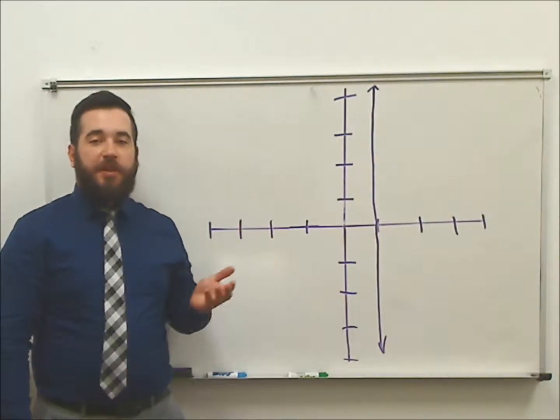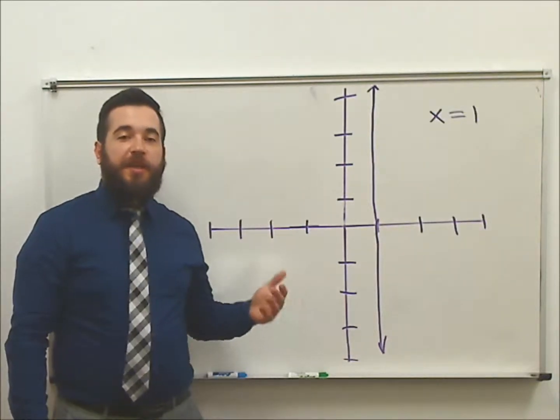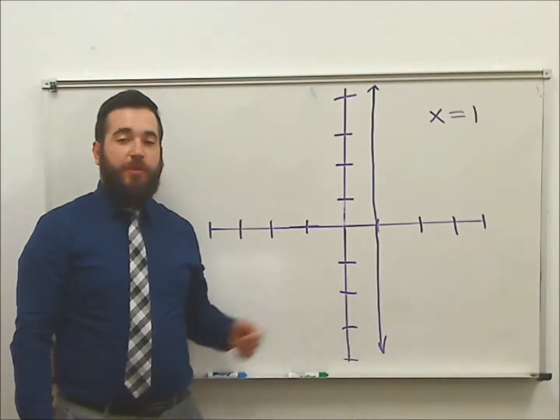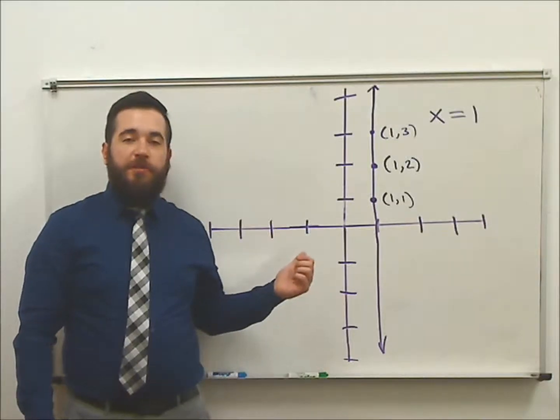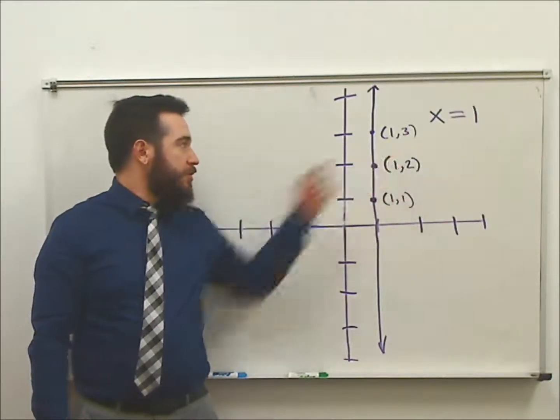This is just the equation x equals 1. So we can write down what it is, but that doesn't mean that it's a function. It just means we can write down the equation of what's on the graph. So for each one of these, the x-coordinate is 1, and the y-coordinate is 1, 2, 3.